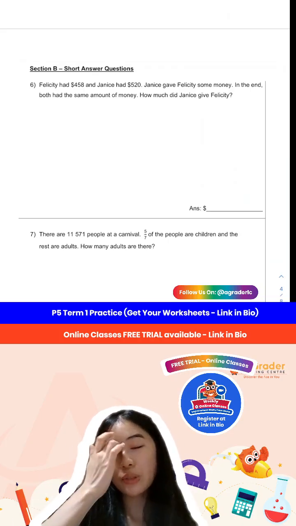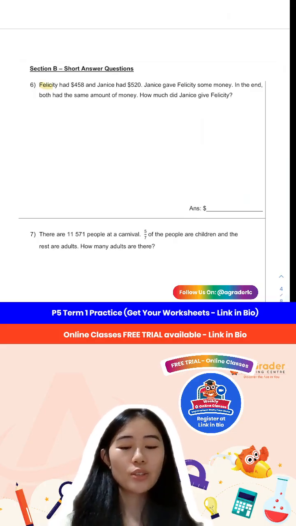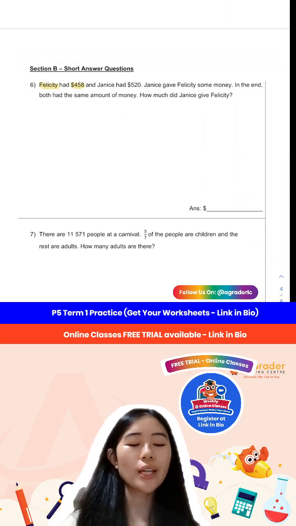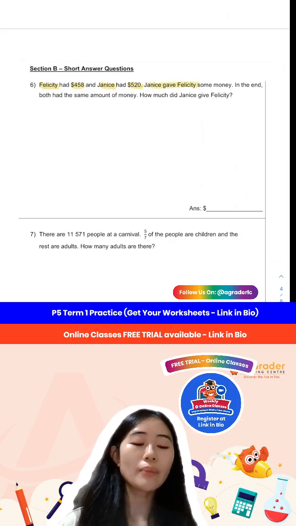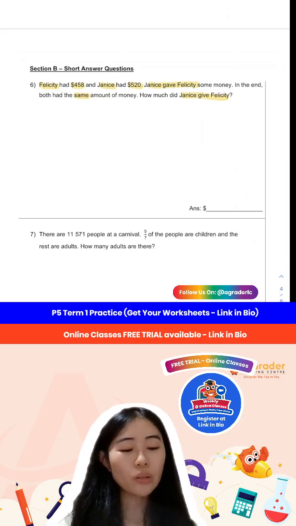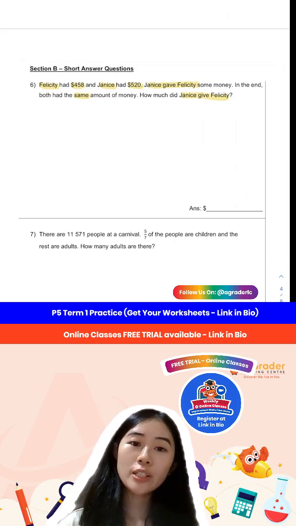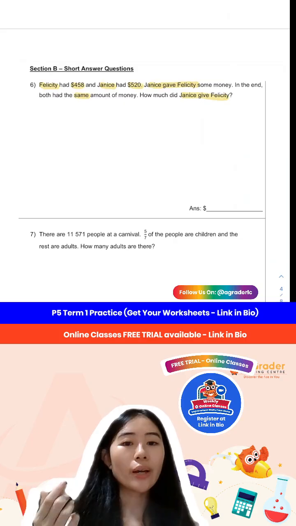Alright, so I see that most of you actually got the correct answers. Let's go through this. So Felicity had $458, Janice had $520. So Janice gave Felicity some of her money. So in the end, both of them had the same amount of money. How much did Janice give to Felicity? Yeah, okay, so some of you send me the steps as well. It is correct. So whenever two persons have different amounts of money, firstly you got to find their difference.